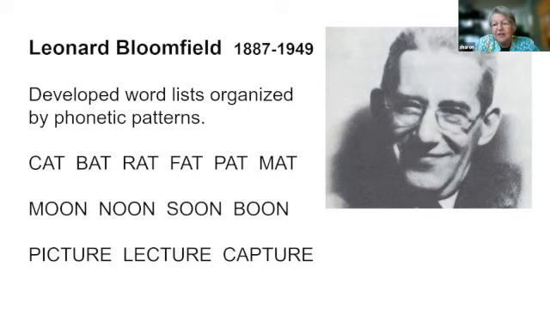Now, Clarence Barnhart had been his student at Yale in a linguistics class. And now Clarence Barnhart was, of all things, writing dictionaries, you know? And so Clarence Barnhart used that program that Leonard Bloomfield had created, the 70-word list, and he taught his own son, Robert. And Robert Barnhart is still writing dictionaries to this day, but he learned to read this way.